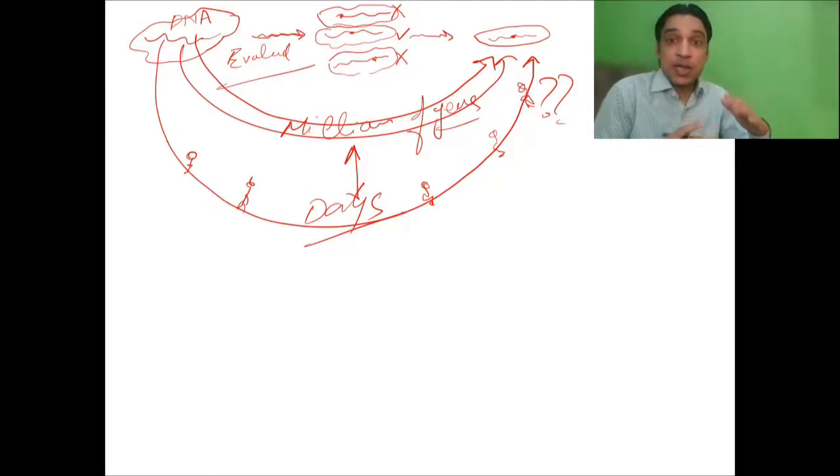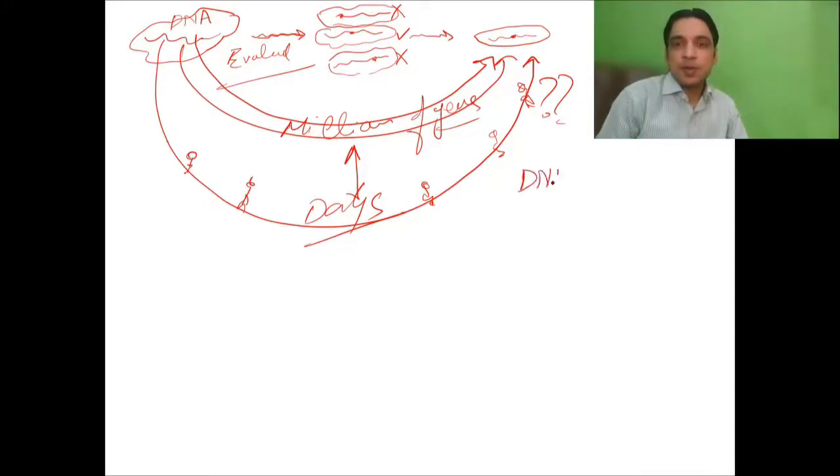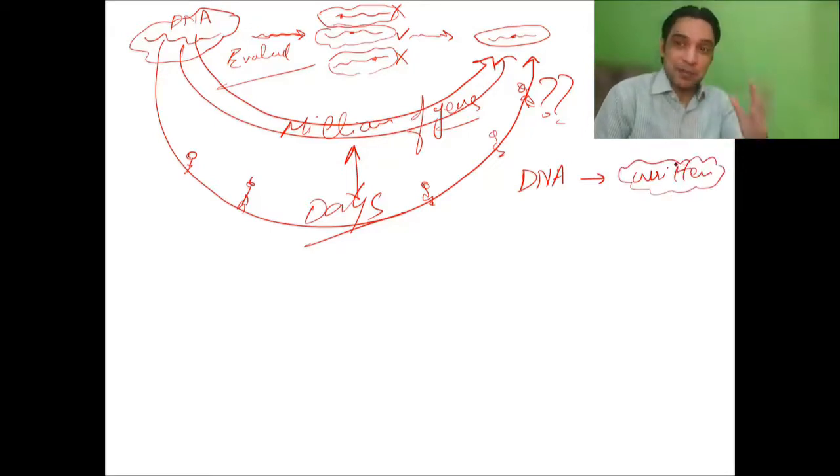When we discovered DNA, we discovered how nature writes life. And life was written with the help of just 4 alphabets: G, C, A, and T.